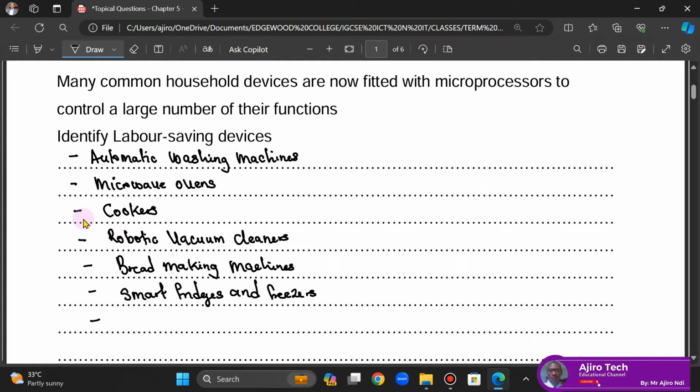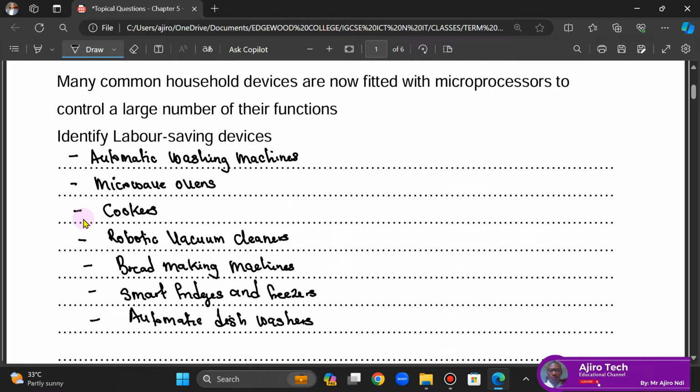We also have automatic dishwasher. So all these are labor-saving devices that would help you to create some time to be able to do other activities.